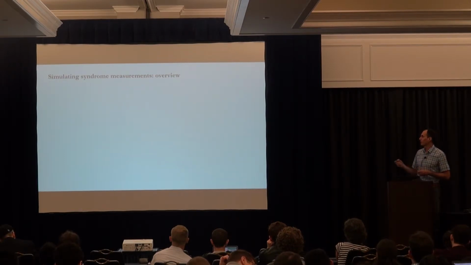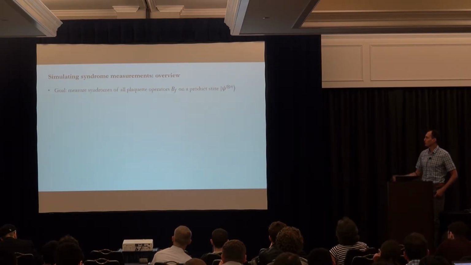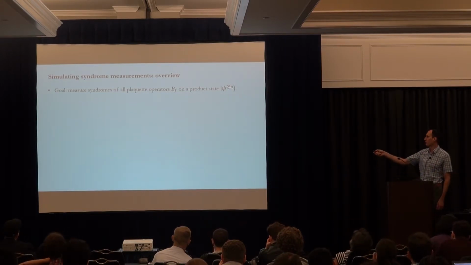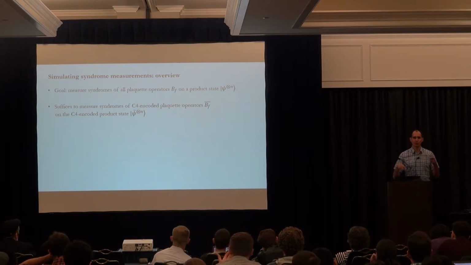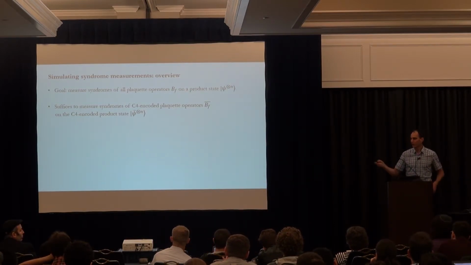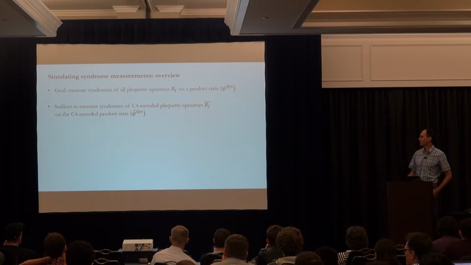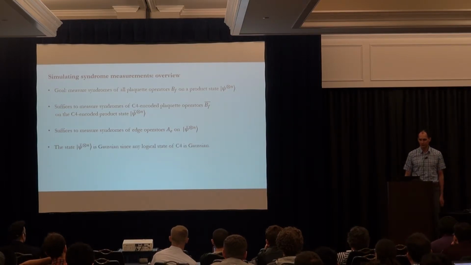So to simulate syndrome measurements, we have to follow these steps. We want to measure syndromes of surface code stabilizers on some initial product state. Now we encode each qubit using the C4 code. Now we have to measure syndromes of encoded plaquette stabilizers on the encoded product state. As I said, it suffices to measure syndromes of H operators.